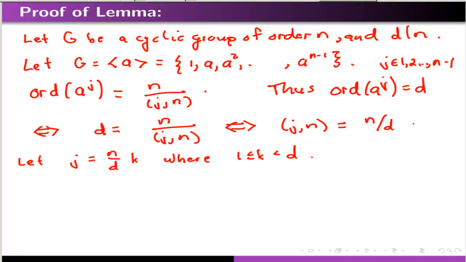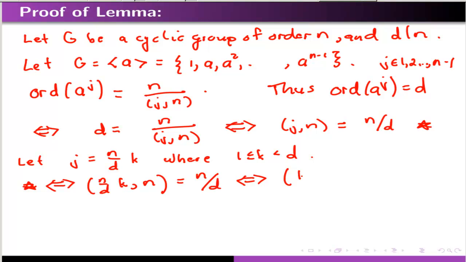Then this condition right here, star, would be equivalent to saying that n over d times the GCD of k and d equals n over d, and then dividing everything through by n over d, that's equivalent to saying that the GCD of k and d equals 1.